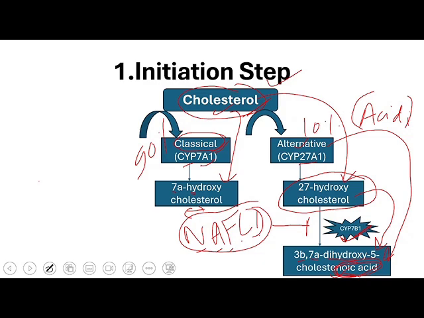So even though the person is not having alcohol, if there is inhibition of this enzyme cytochrome P7B1, then it may lead to non-alcoholic fatty liver disease, as well as it also inhibits this enzyme. So in non-alcoholic fatty liver disease, this is the main enzyme that is inhibited.